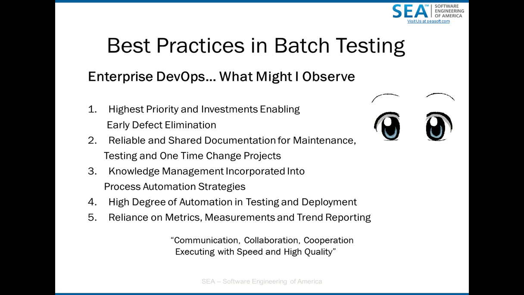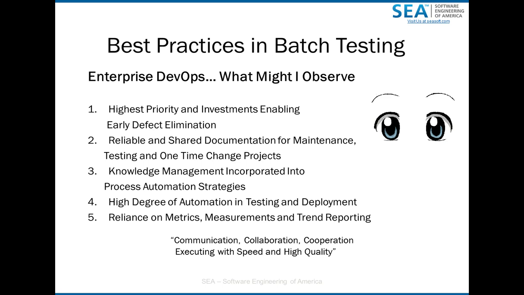With a thought on DevOps and a thought towards how can we accomplish the goal of using JSL as well, what we've done in the many times we've worked with customers to consult with them is come up with this thought process here of what might I observe in an environment that was trying to achieve a higher level of DevOps and a DevOps approach that accomplishes quality more quickly.